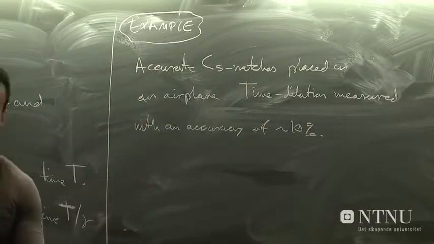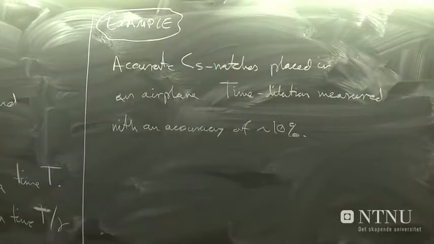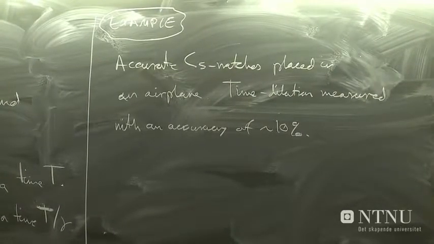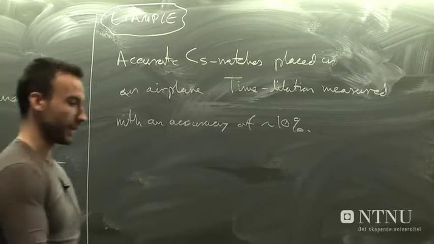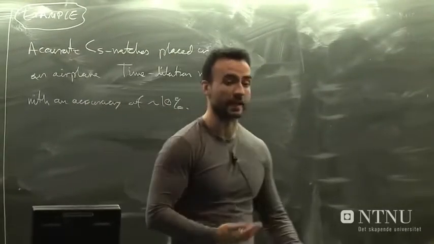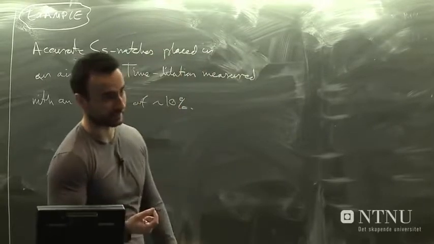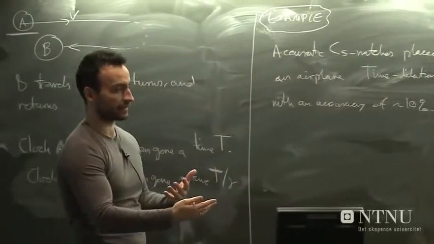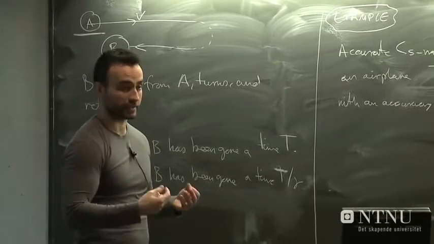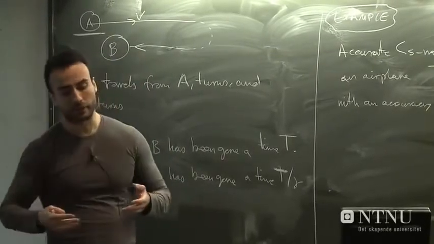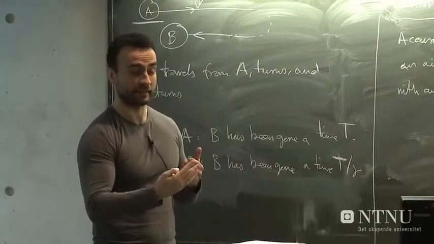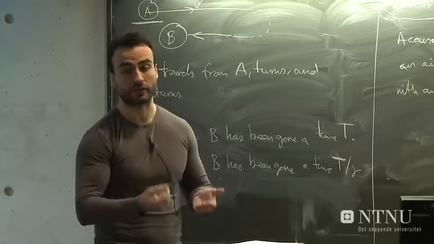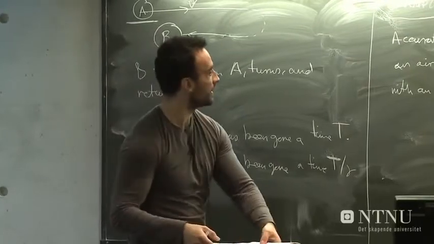In principle, time dilation should be present for any moving object. So moving clocks run slower, right? As I walk here, I'm subject to a time dilation effect. It's a very tiny effect because my speed isn't comparable to the speed of light at all, but there is an effect nonetheless. So if we want to measure this effect, we would like to have an object moving at as large a velocity as possible compared to the speed of light.